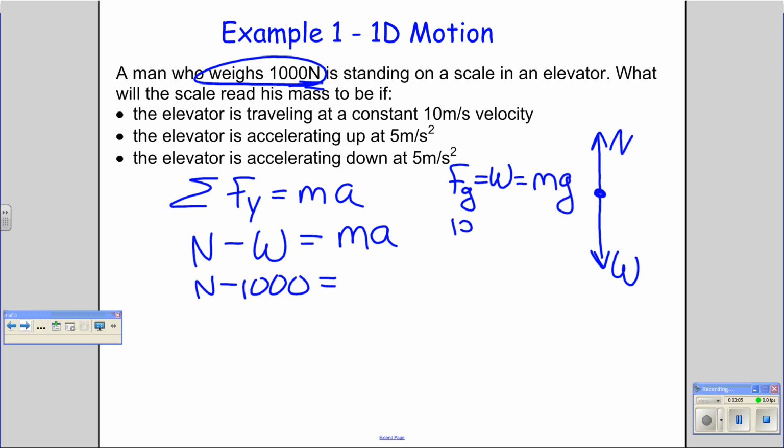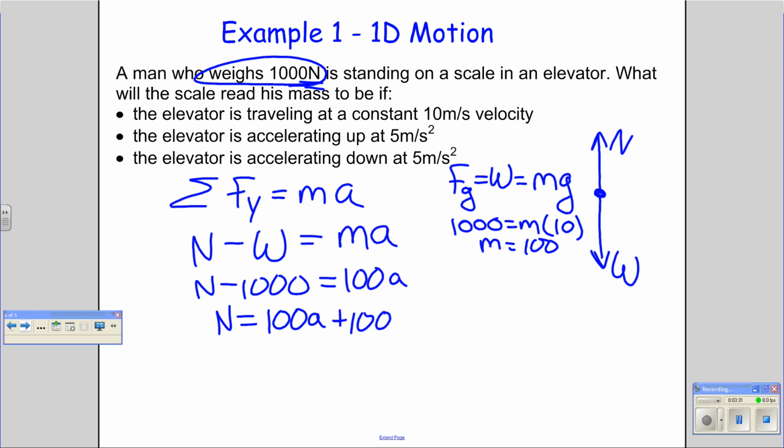So 1,000 equals mass times acceleration due to gravity, which is 10. So your mass equals 100. So that equals 100 times your acceleration. So your normal force will equal 100 times your acceleration plus 1,000.